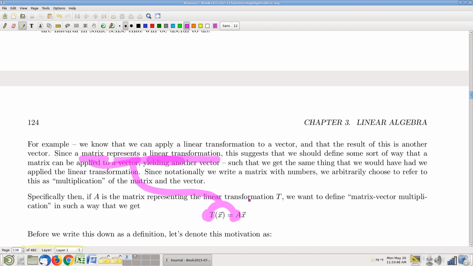So it's extremely plausible that, when we define matrix times vector, the answer should be whatever that corresponding linear transformation does to that vector. I mean, if it weren't, that would be kooky. It'd be insane for this to not be the case. So this is going to be our motivating interpretation.